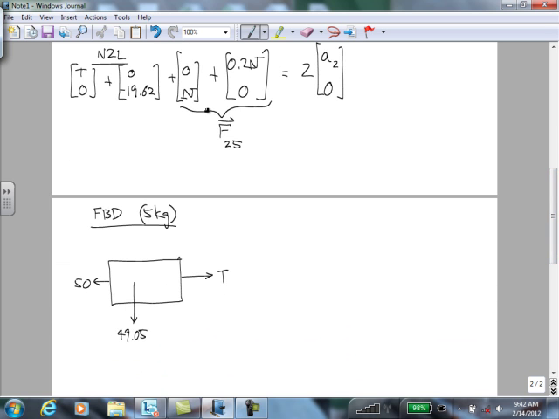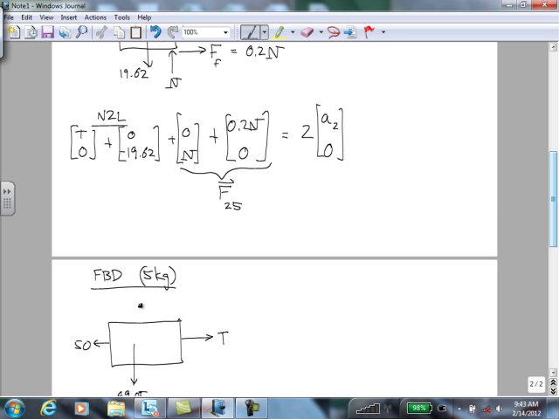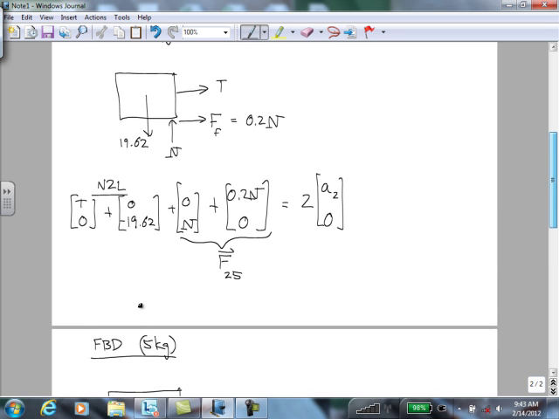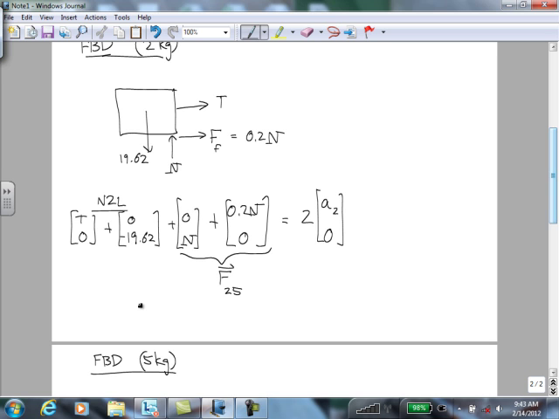Is anybody hazy on how I knew those directions for that cable? The direction of that force? Okay. So if you guys are totally comfortable with that, then keep doing what you're doing.